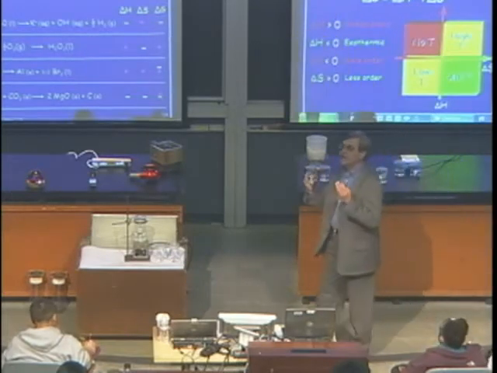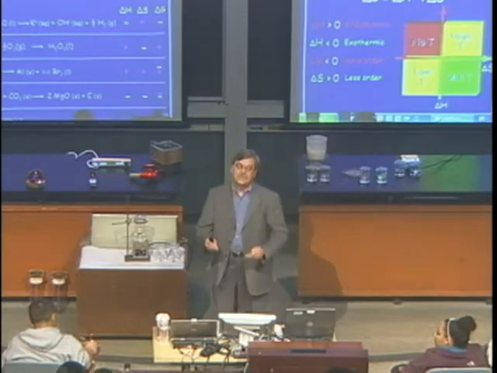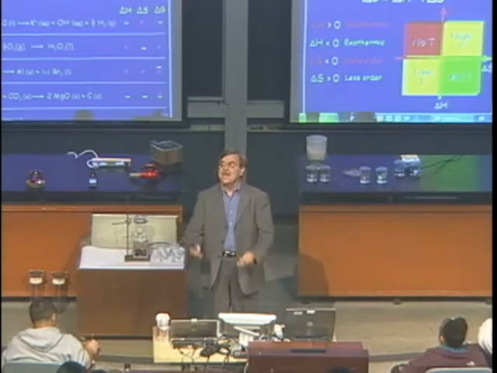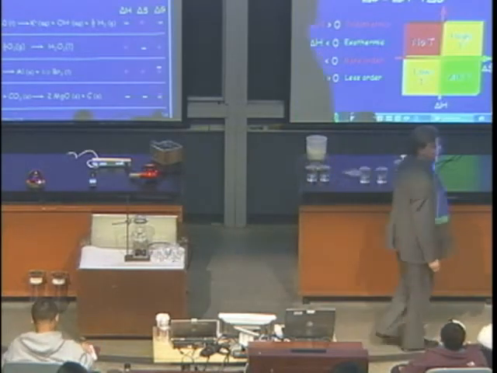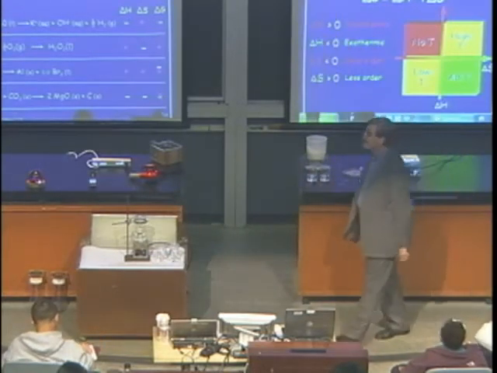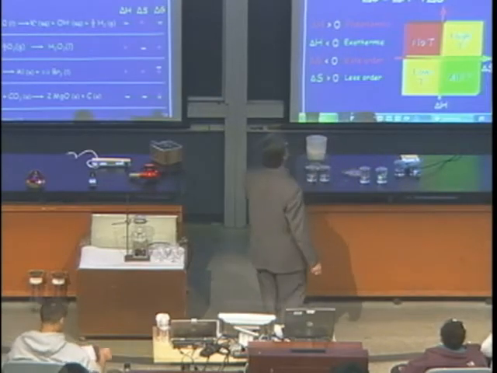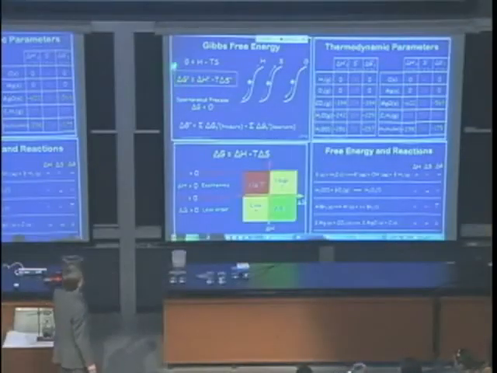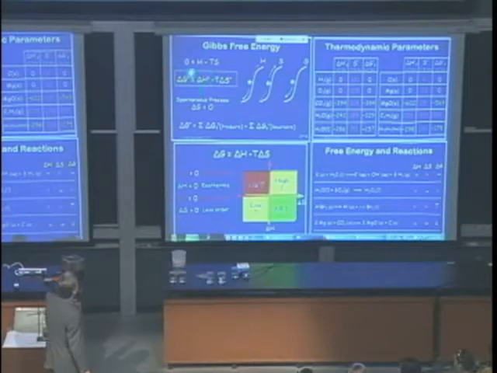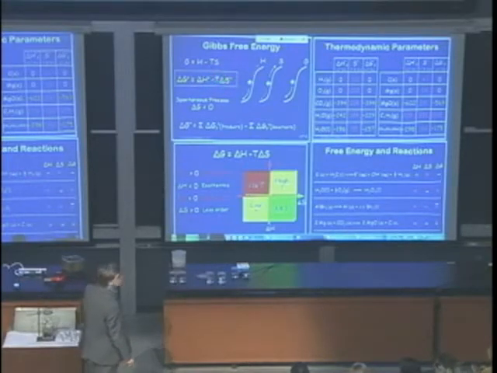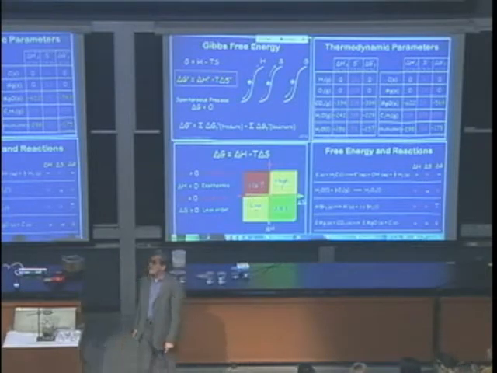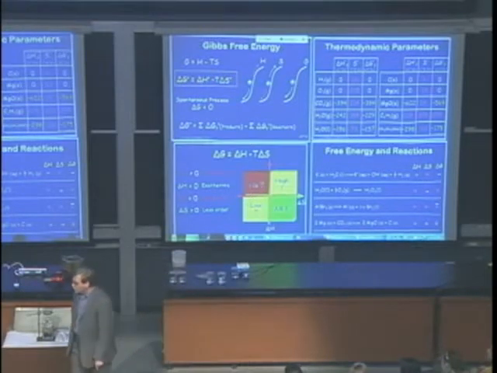So you calculate the Gibbs free energy from the change in enthalpy at this temperature and the change in entropy at that temperature. So with this, the change in free energy at standard conditions is delta H at standard conditions, the change in enthalpy at standard conditions, minus the temperature multiplied with the change in entropy at standard conditions, okay?